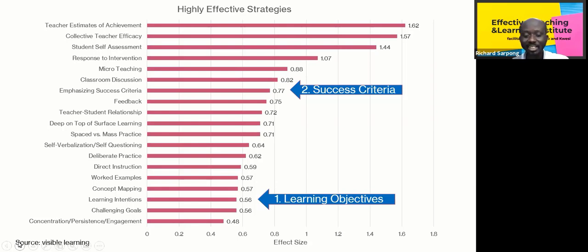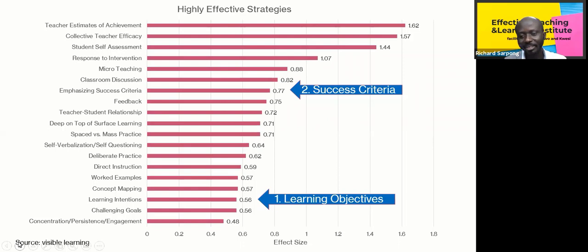And that has an effect size of 0.65. Whereas if they know, in addition, what success looks like in their learning, it means that they are going to make more progress because that gives you an effect size of 0.77.